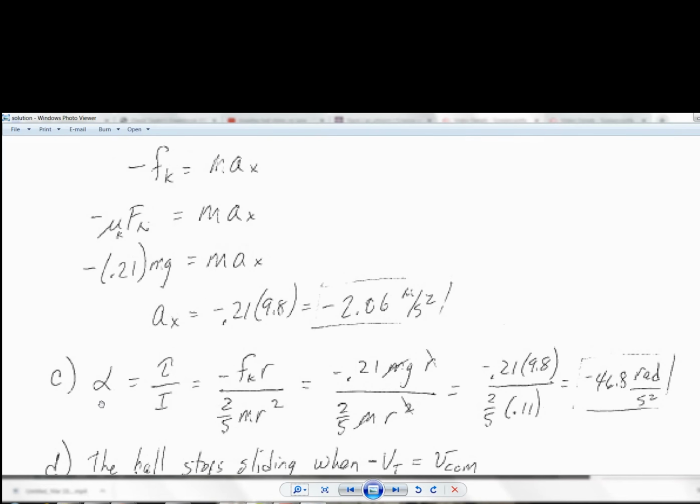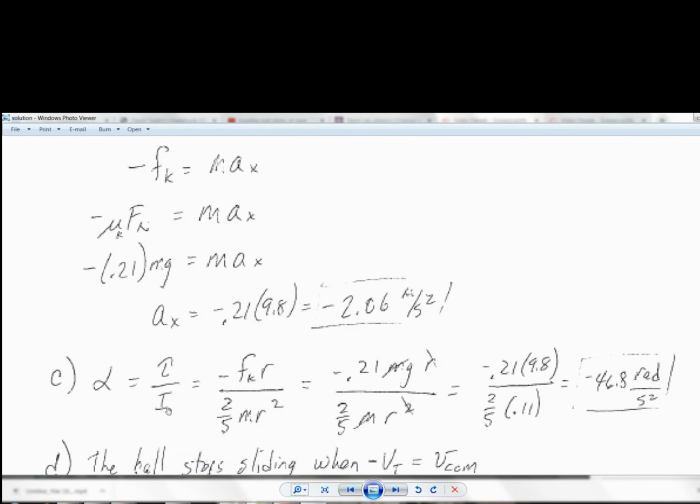Angularly, we know that alpha, the angular acceleration, is equal to torque over moment of inertia. The torque is produced by the kinetic frictional force, which acts at a moment arm distance or a lever arm distance of r, and the torque is acting in the clockwise direction, so it's negative.